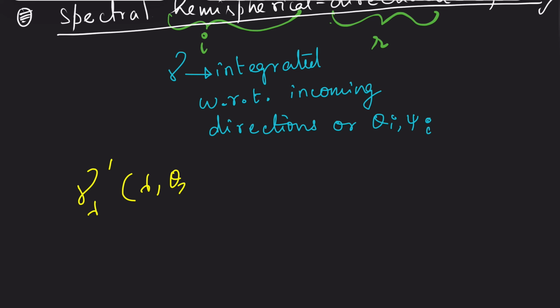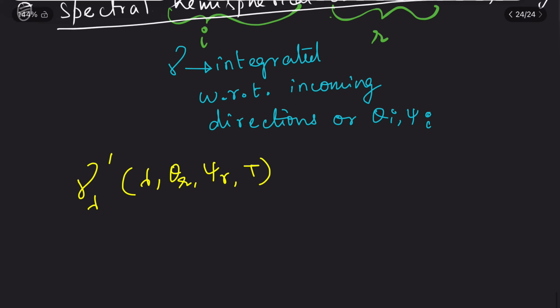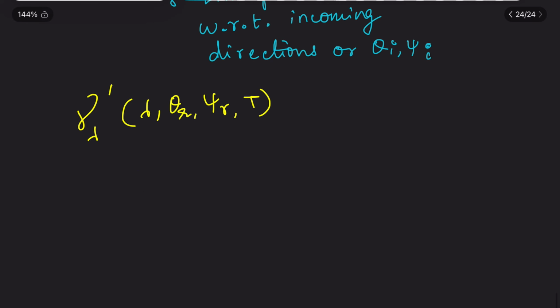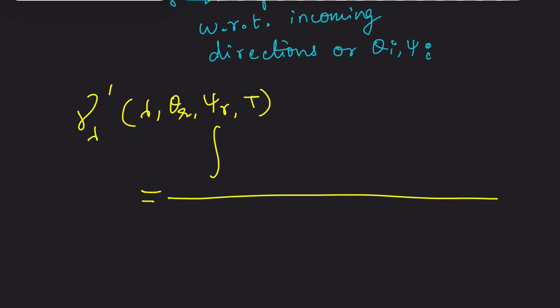It will only be a function of theta r, psi r and t, that is equal to, I will write it in the next line, integration with respect to theta I psi I, corresponding limits 0 to pi by 2 and 0 to 2 pi.